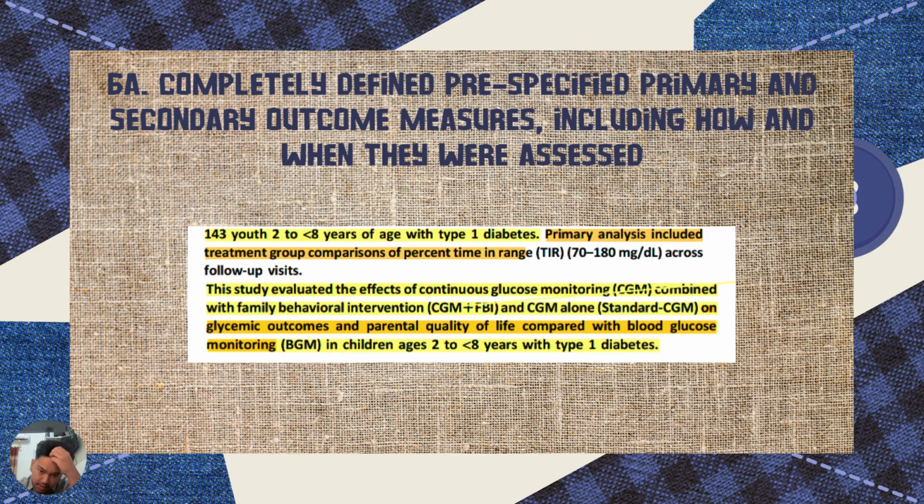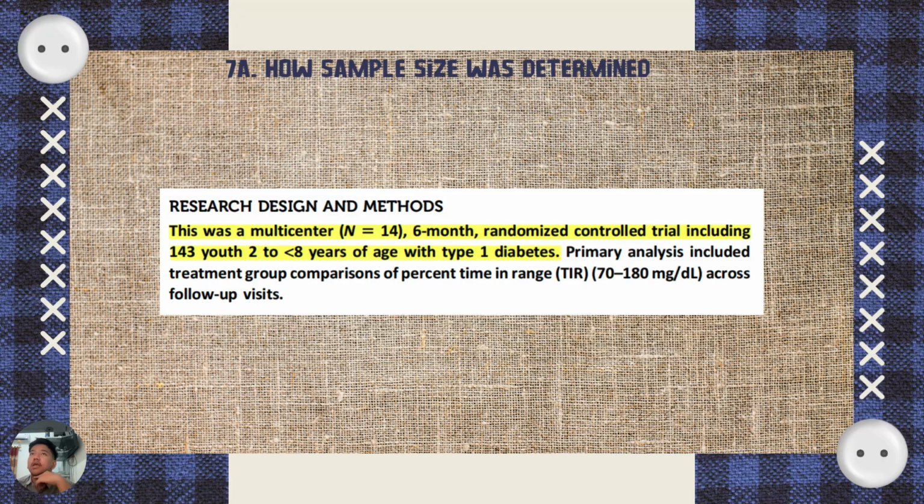And then for 6A, the outcome measures. In the article, I noted the primary outcome was percent time in range between 70 and 180 milligrams per deciliter. Primary and secondary outcomes are defined and measurable. And for 7A, how the sample size was determined.